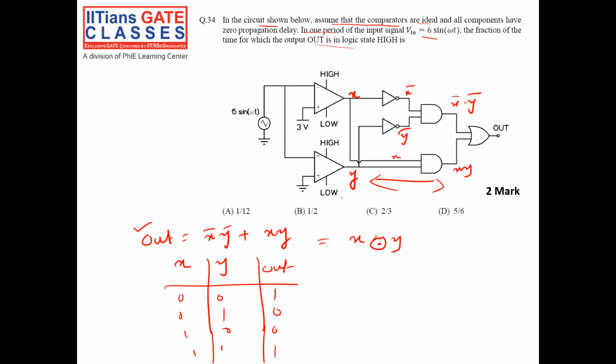For getting output high, both x and y should be 0 or both x and y should be 1. That's clear to all of you? Okay, now solve the question.